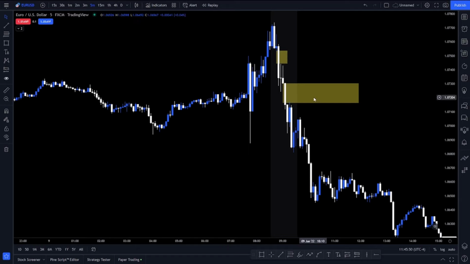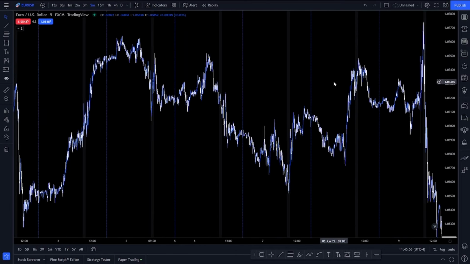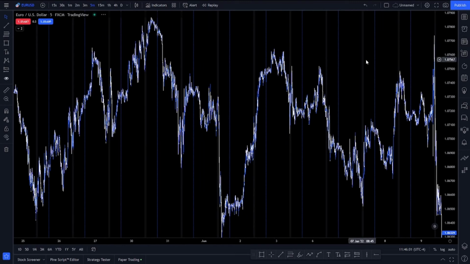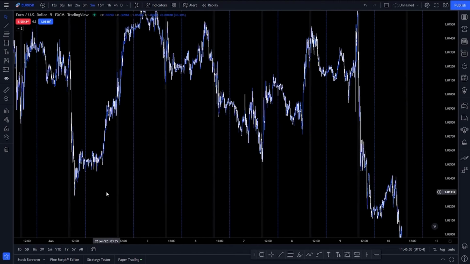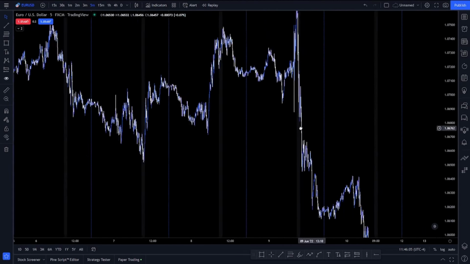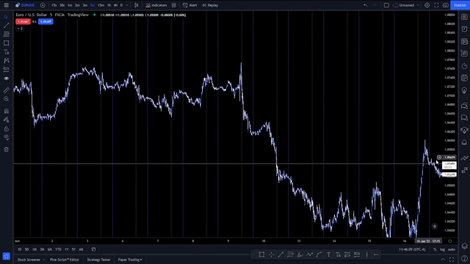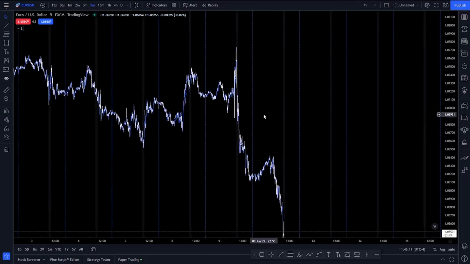So these imbalances should be filled in the future, but this imbalance didn't take the buy side liquidity as it took from here. Okay, but it took the sell side also from downside, so in future it can get respected, but we will have to see for another confirmation to take another entry.